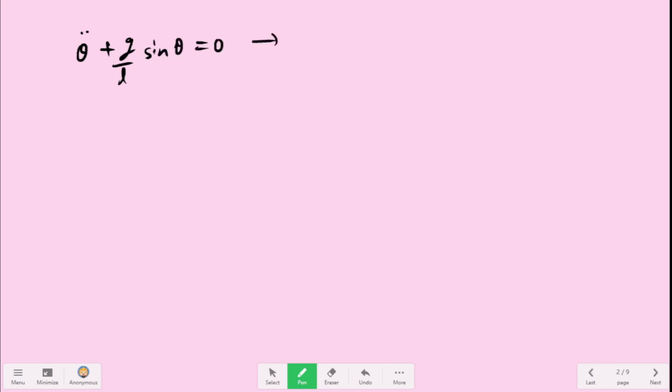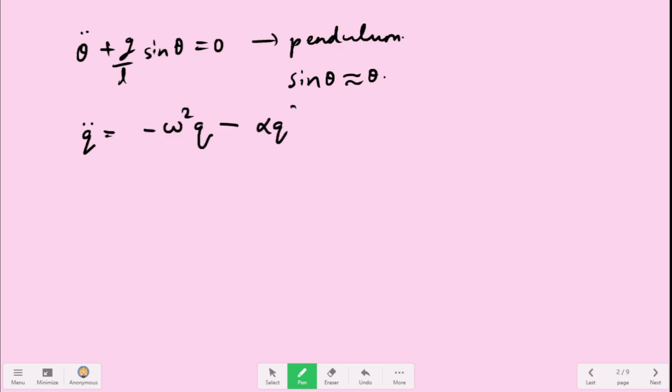This is the equation of pendulum, and this is non-linear and it is not as simple as it looks. But if oscillations are small, then we can approximate sin theta to theta, and then it will become a simpler problem. Now let us say the final equation that we are getting is q double dot is equal to minus omega square q minus alpha q cube. Then this is representing an anharmonic oscillator.